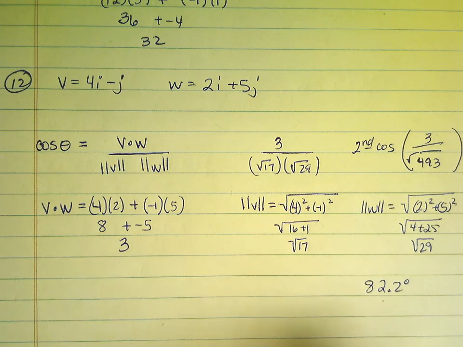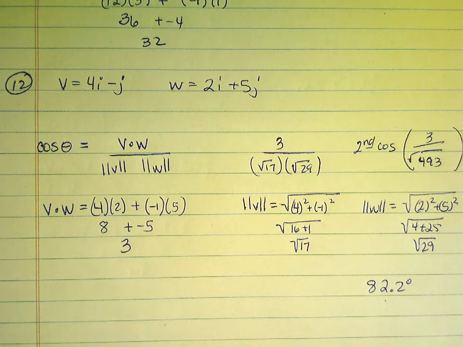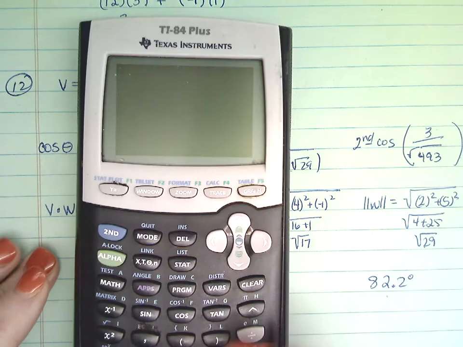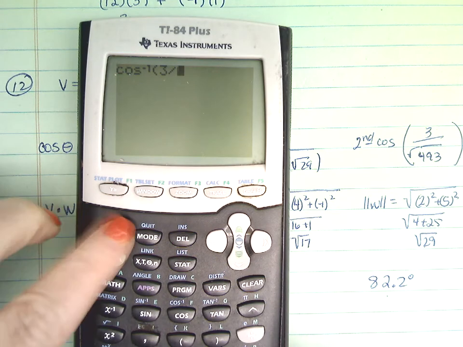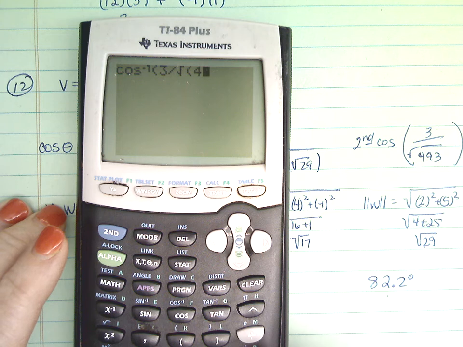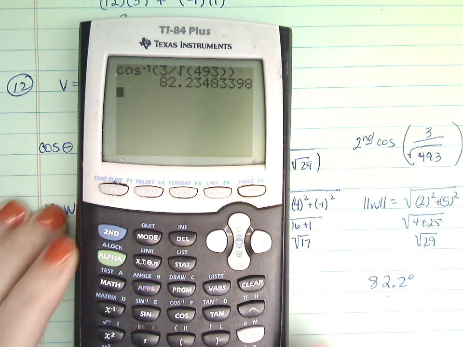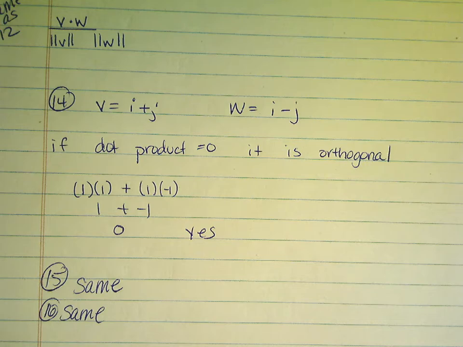That gave me 82.2 degrees. So on your calculator, you would do second cosine 3 divided by square root of 493. And there's your answer.